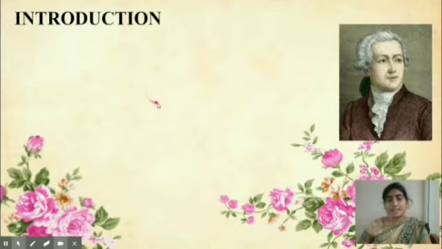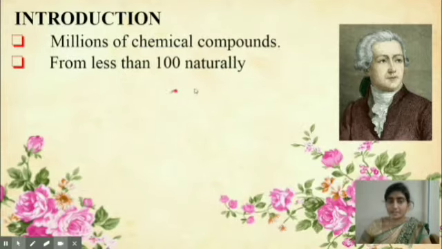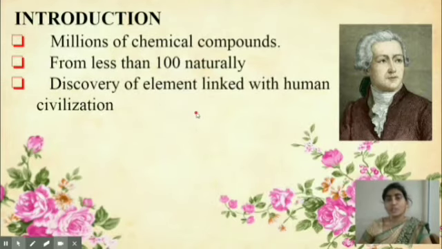There are millions of chemical compounds existing in nature with different composition and properties, formed from less than 100 naturally occurring elements. The discovery of elements is linked with human civilization. Over the years, more and more elements were discovered.